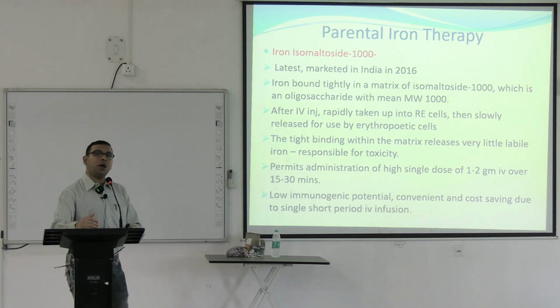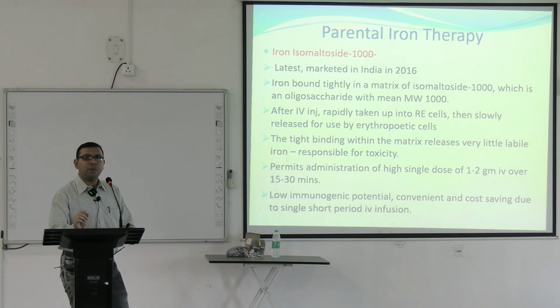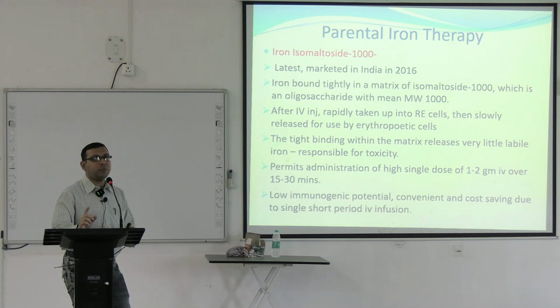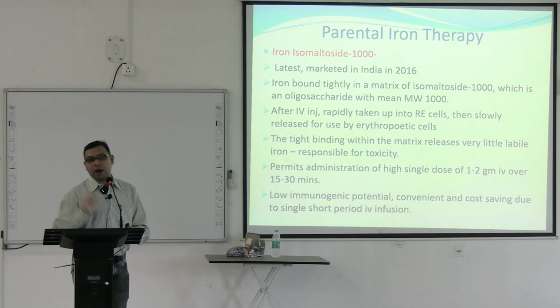What happens even with ferrous sucrose is that we have to give multiple injections or multiple infusions to correct the anemia, because if a high volume is given, there are always more chances of anaphylactic reactions. But with the newer formulations like ferric carboxymaltose and iron isomaltoside, usually we can give just 1 or 2 shots and the anemia, that is the hemoglobin deficit, can be corrected.